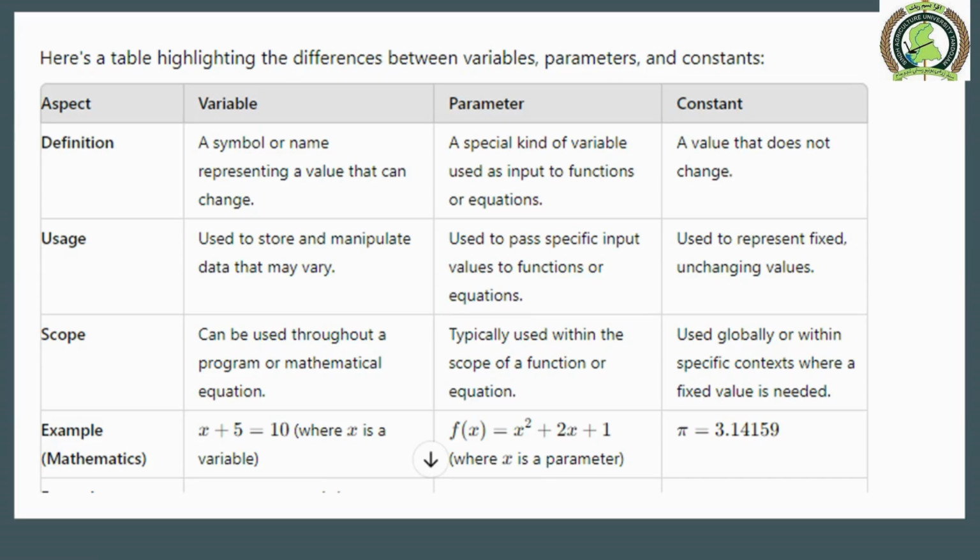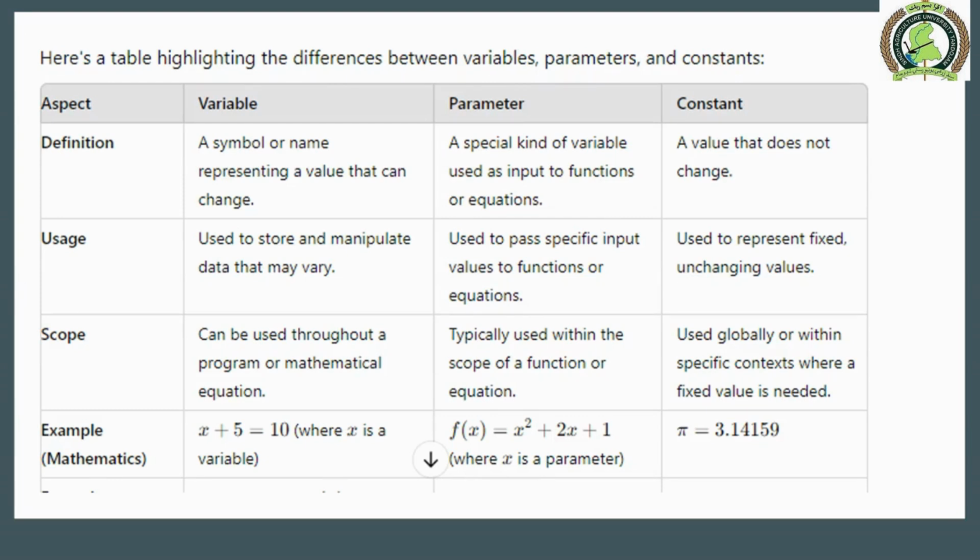See the definitions carefully. A variable is a symbol or name representing a value that can change. A parameter is a special kind of variable used as input to a function or equation. And a constant is a value that does not change.